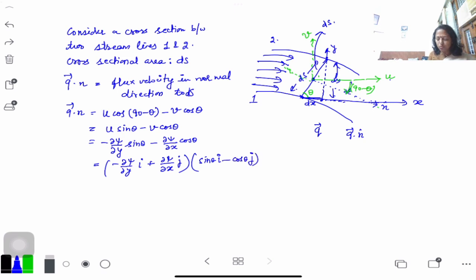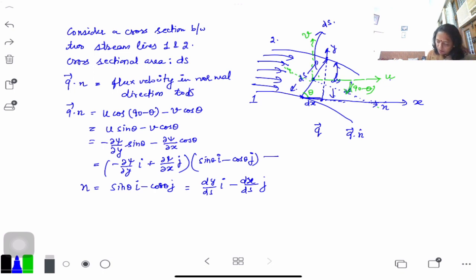So if I compare the two sides, what is my n? N is a vector, naturally, sin theta i minus cos theta j. I may write this sin theta and cos theta in terms of ds, dx and dy. So I write it as dy/ds i minus dx/ds j, with the help of the triangle.